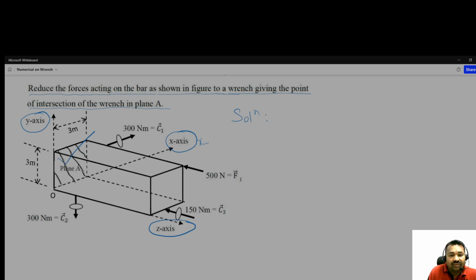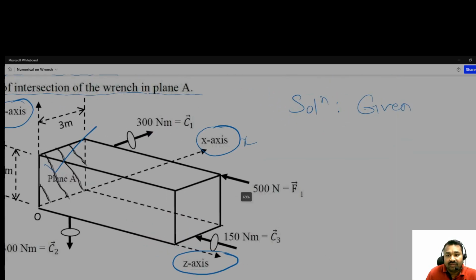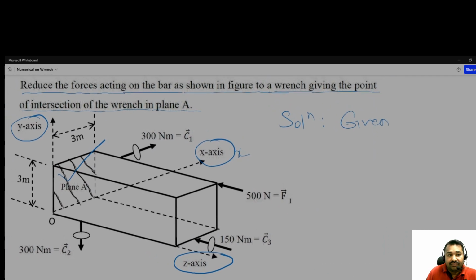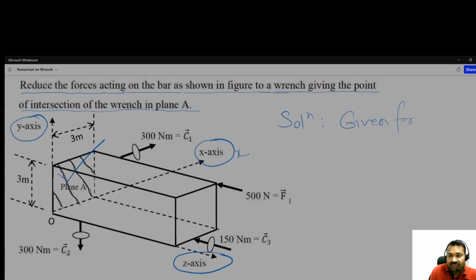So in the solution, we have to see the given force system, consisting of one force, F1, and the direction is along the z-axis.